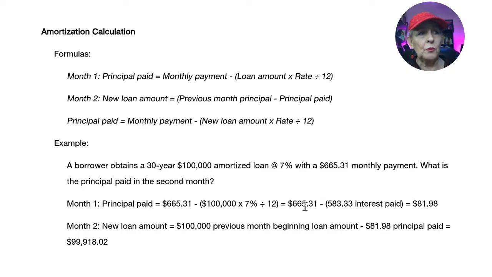So 665.31 minus 583.33 interest paid equals 81.98. So out of that whole monthly payment, only 81.98 went to the principal.